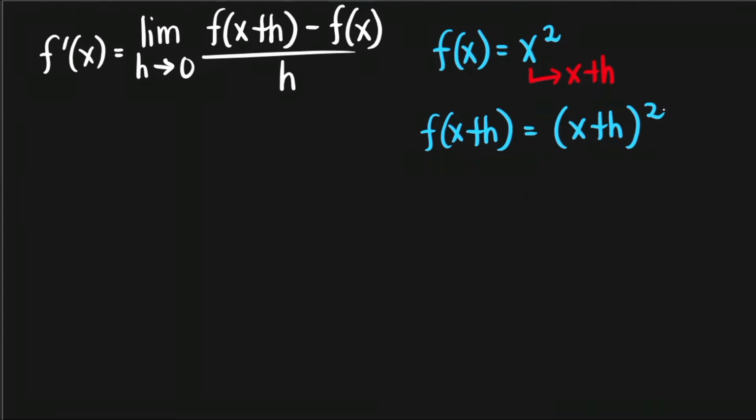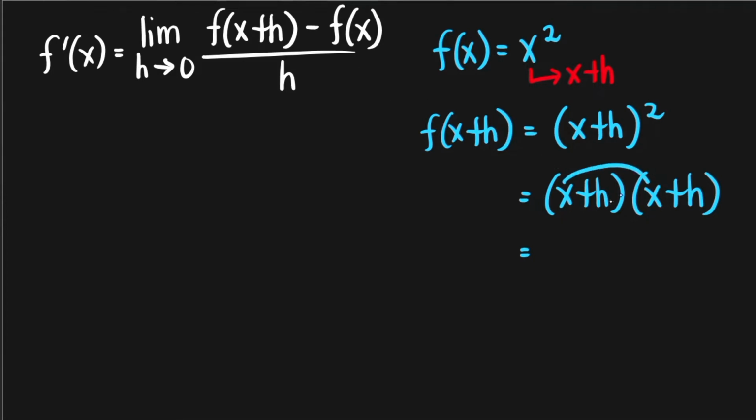We know that the square of x plus h is equal to x plus h times x plus h. Let's apply the FOIL method to find the binomial expansion.